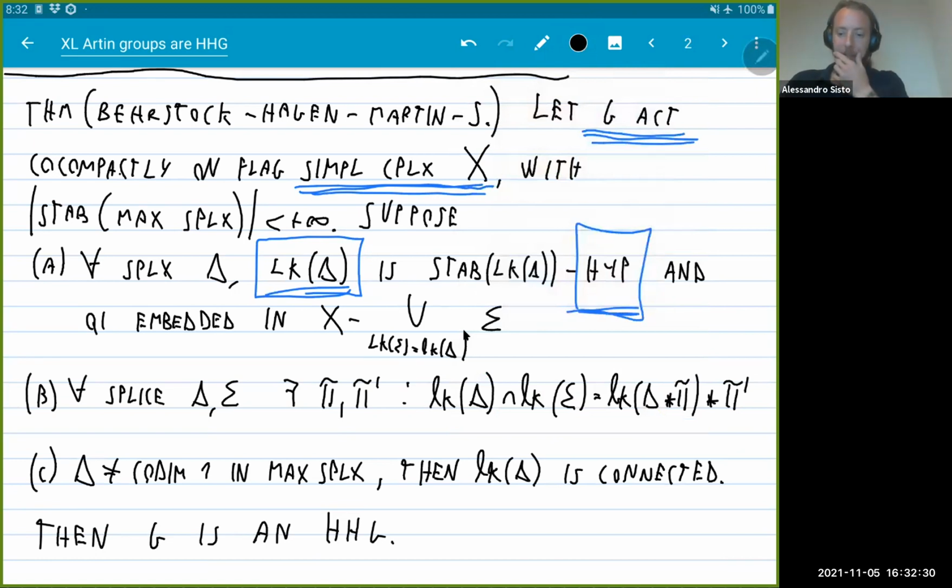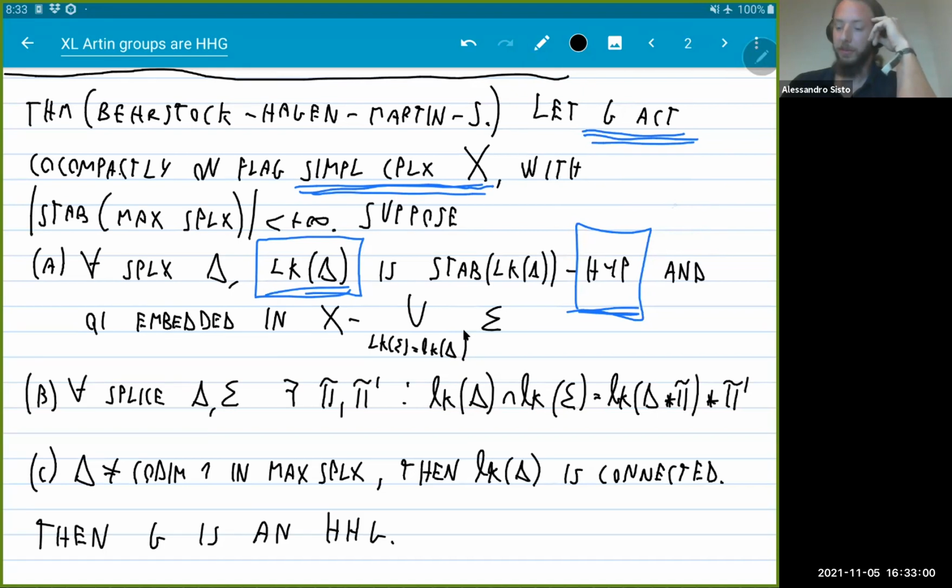So the action is co-compact, fine, and stabilizers of maximal simplices are finite. I don't think that these two conditions need further explanation. Okay, so links are, I said they're hyperbolic, but you have this issue that you will always have disconnected links.